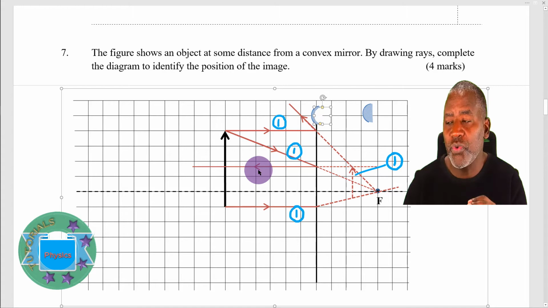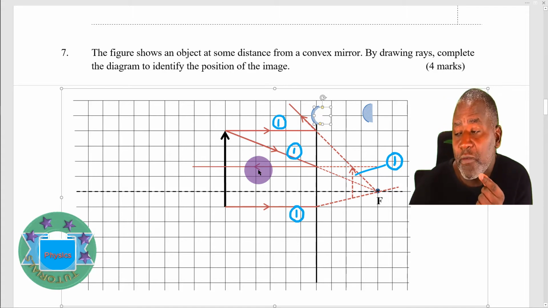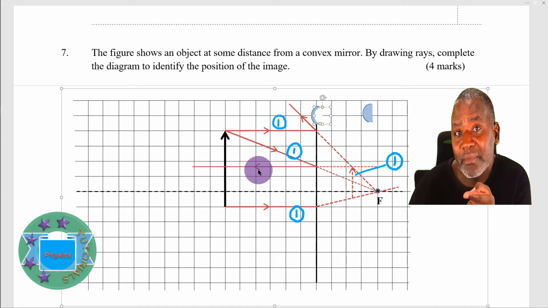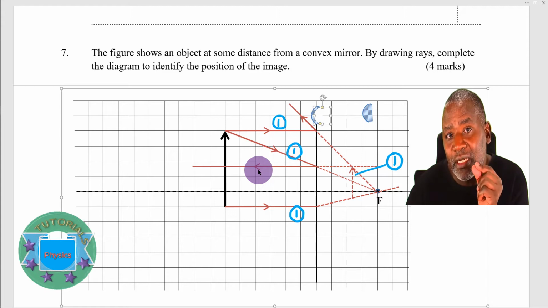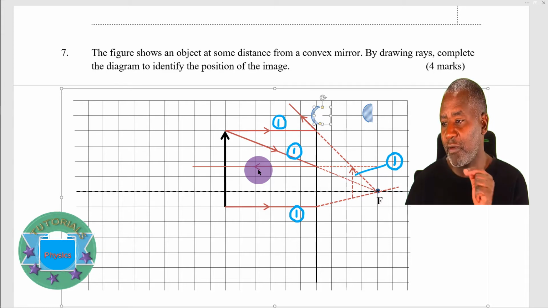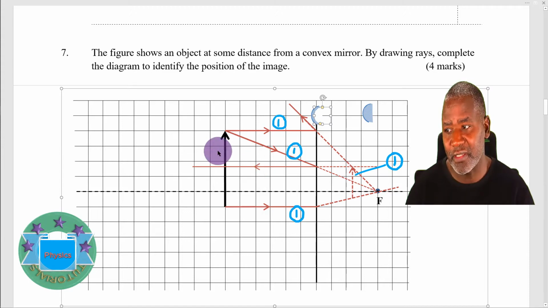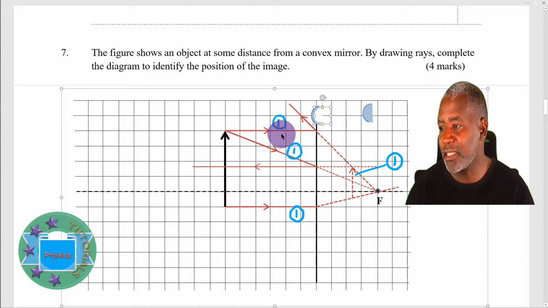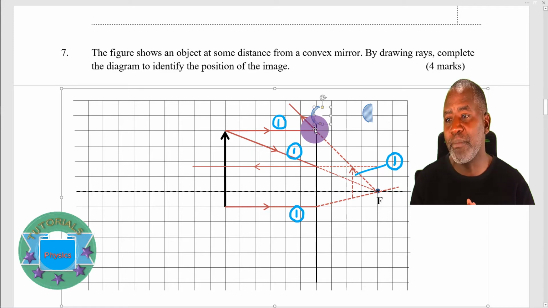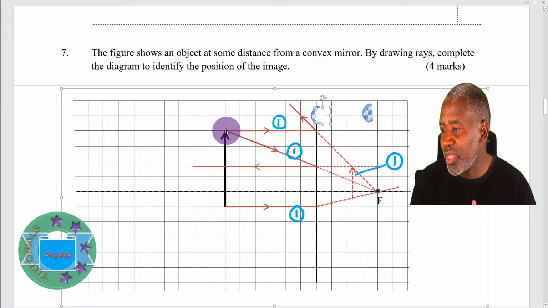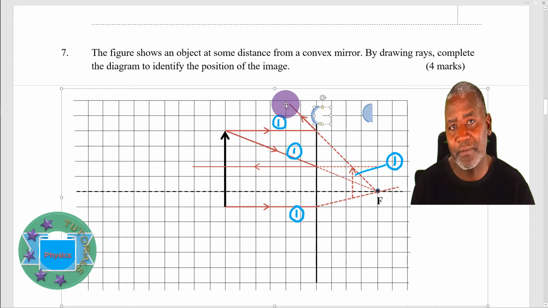In order for you to earn marks in ray diagrams, you must indicate the direction of these rays, because it is important to indicate the direction of movement of light energy. That is what the rays give us. Remember, a ray is that line which shows the movement of light energy. So the incident ray goes like this and then it gets reflected like that.